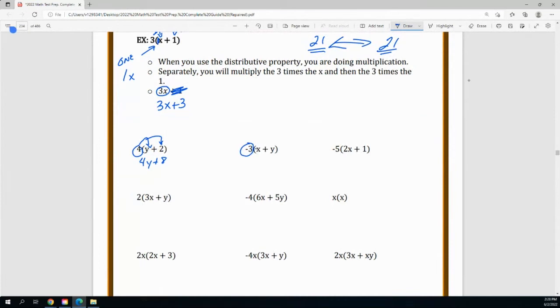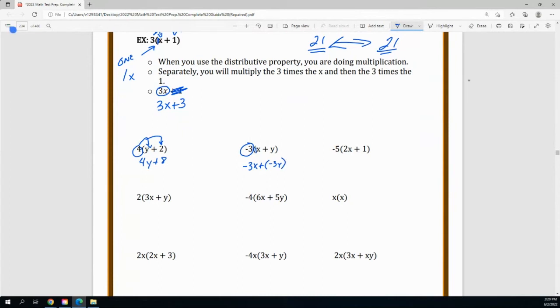So this is negative 3 times 1x, or positive 1x. So negative 3 times positive 1x, did you say negative 3x? That would be correct. Plus negative 3 times positive 1y, did you say negative 3y? I would agree with you.